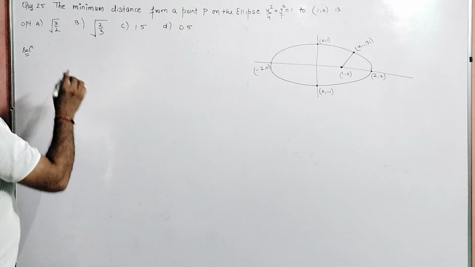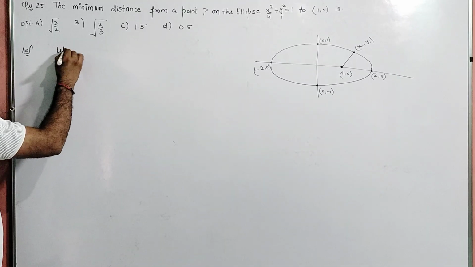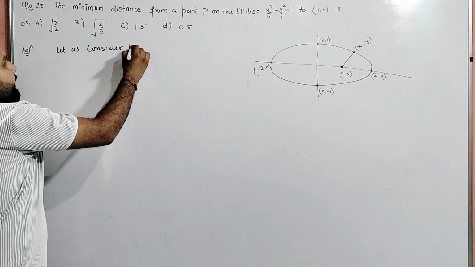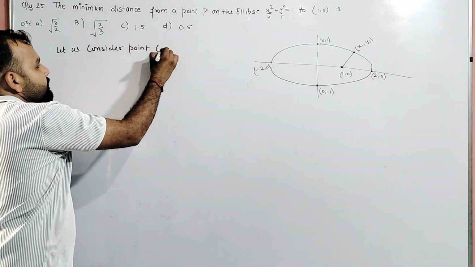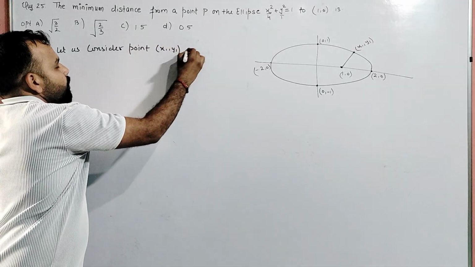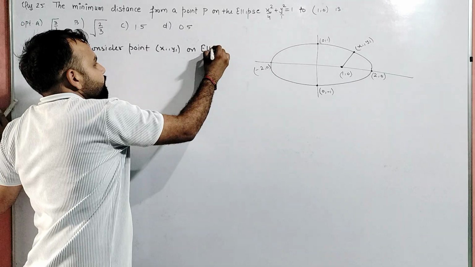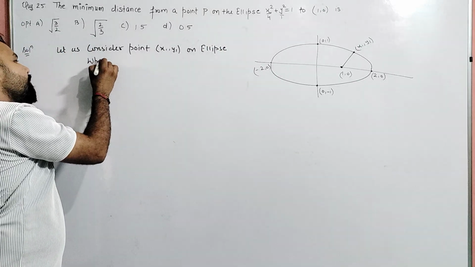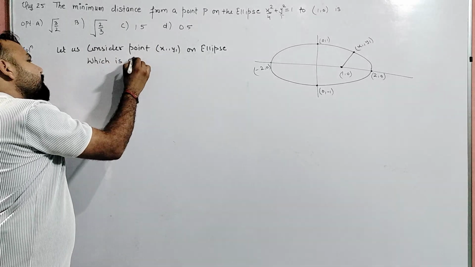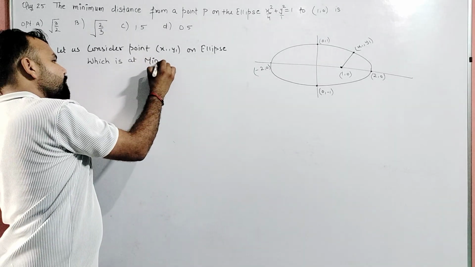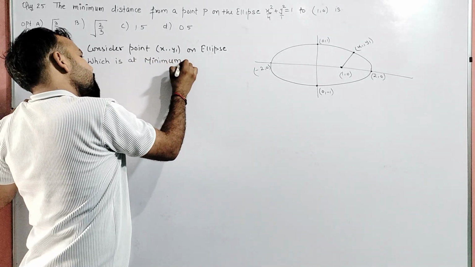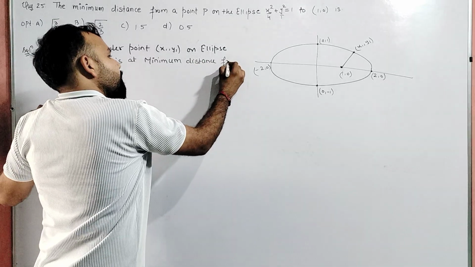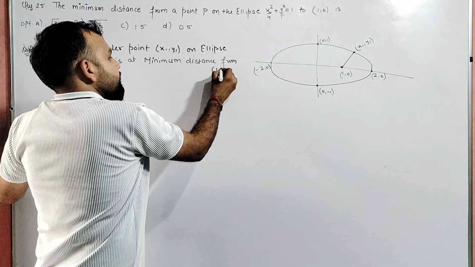So we know very well, let us consider a point (x1, y1) on the ellipse which is at minimum distance from (1, 0).